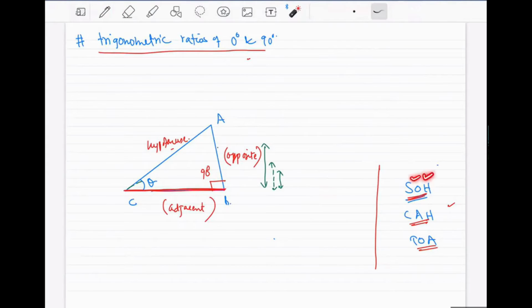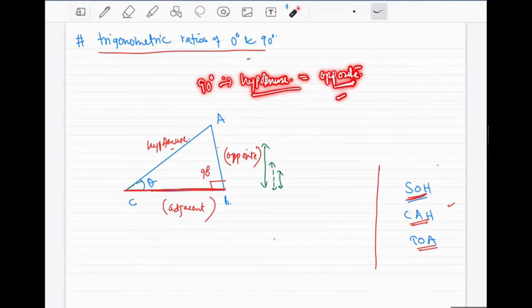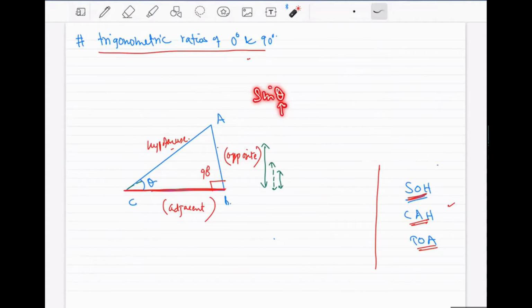It's opposite divided by hypotenuse, right? So if I make the angle 90 degree, you can assume that hypotenuse is equal to opposite side. What will happen then if hypotenuse and opposite side are equal? We are taking theta to be 90 degree. So for sine 90 degree, the formula is opposite by hypotenuse. I just told you opposite will be very long.